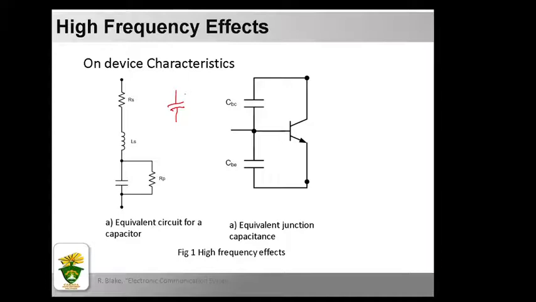It looks like an ordinary capacitance, but actually it has this equivalent circuit here. So it has an inductive component and a capacitive component. As the frequency increases, so does the inductive reactance.